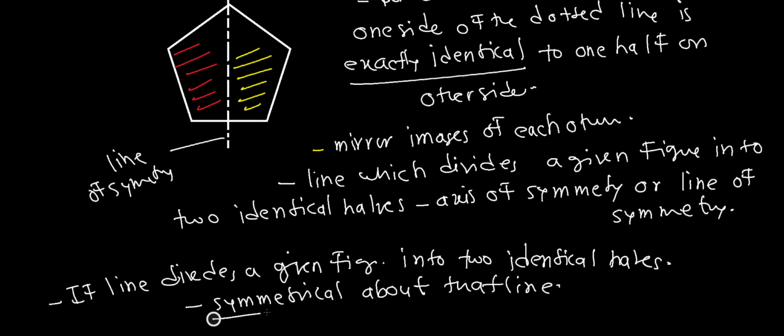So it is a symmetrical figure, and it is symmetrical about that given line, which we term the line of symmetry or axis of symmetry.